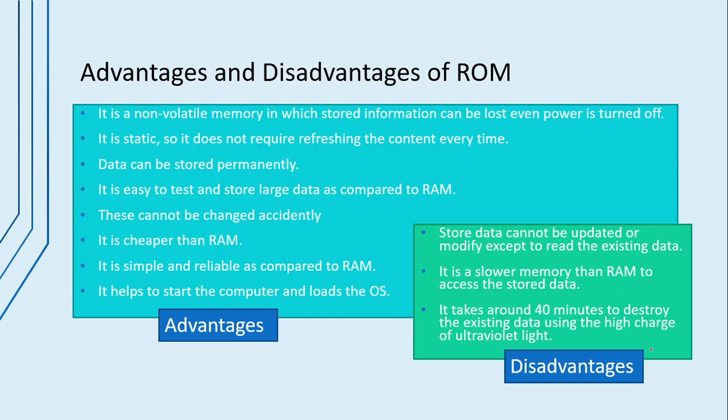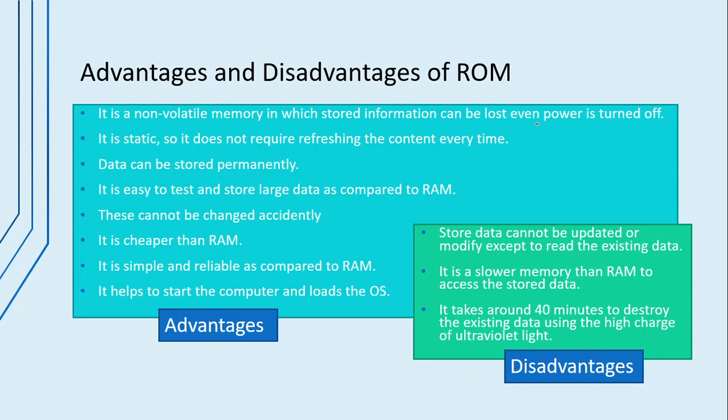Now disadvantages. The stored data cannot be updated or modified; you can only read the existing data. It is slower memory than RAM to access the stored data, meaning the access time of ROM is greater than RAM.